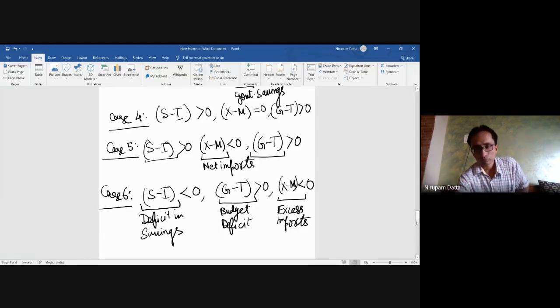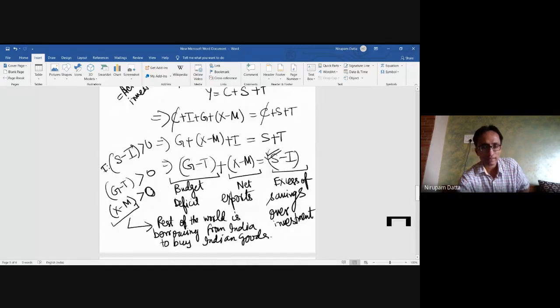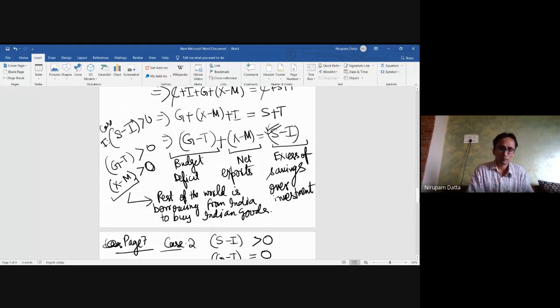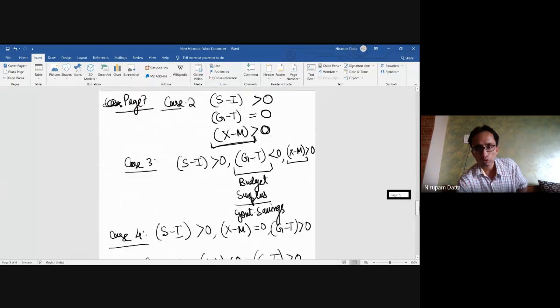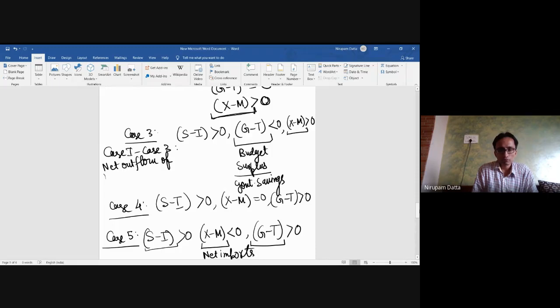So remember this: in the first cases, case 1, case 2 and case 3, there is a net outflow of financial capital from India to the rest of the world.